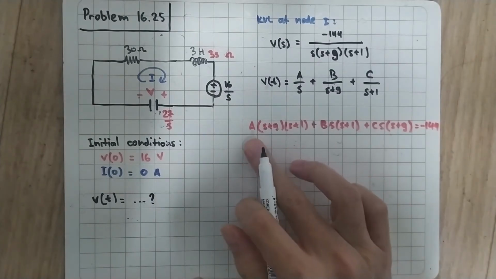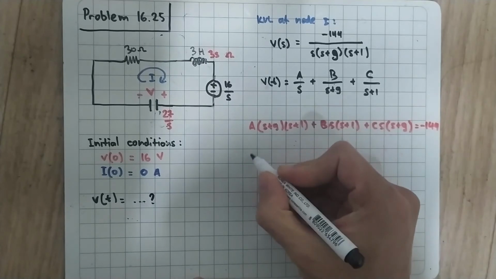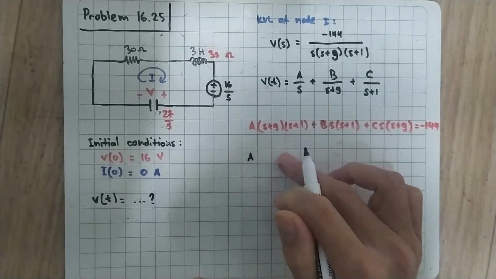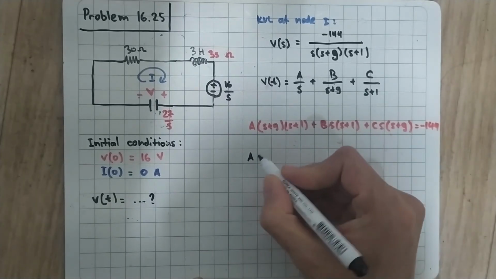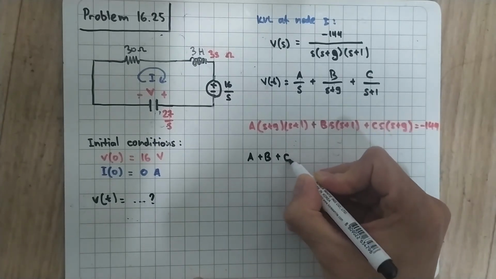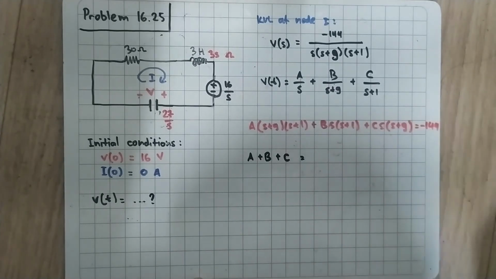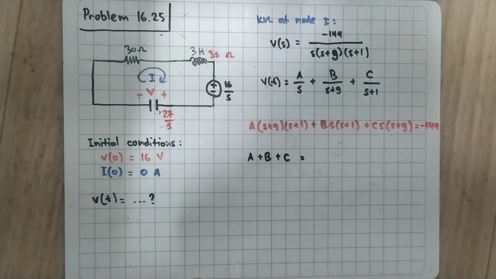Then we can start with the s squared term. So I will have a here, and then I will have b, then I will have c, the squared term, all of them have it, and that will equal 0.